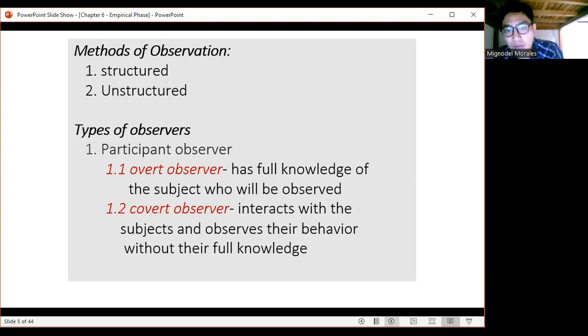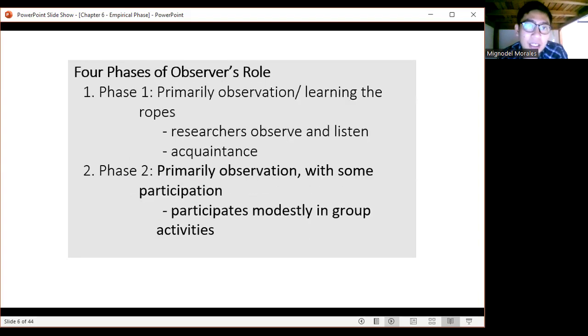And the covert participant observer, where you are not disclosing but you are interacting with them. Later we'll discuss the different covert and participant observers. These are the four phases of the observer's role.